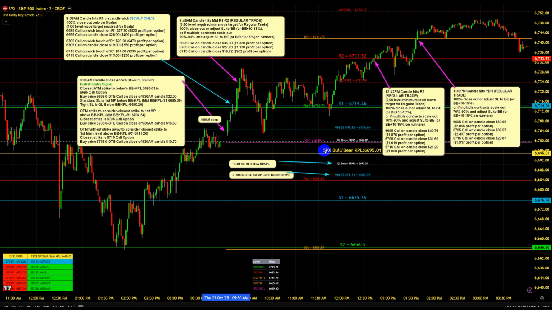It's a bullish trade, so our standard play, or the standard option that you would consider, would be the at the money option that is closest in price to the level that we're trading, in this case the bull bear KPL. Since it's 66.95.01, that was going to be the 66.95 strike. And since this is a bullish entry signal, the 66.95 call.